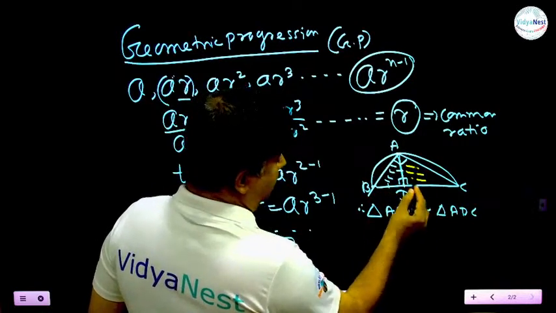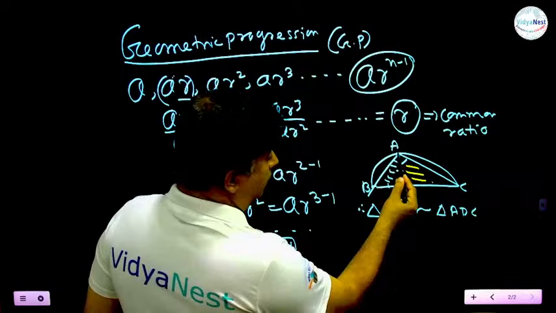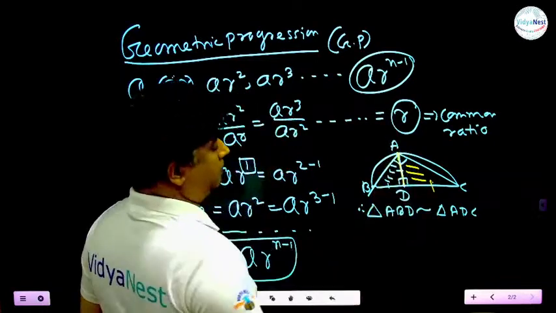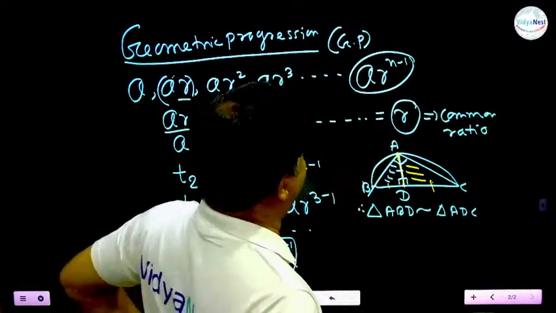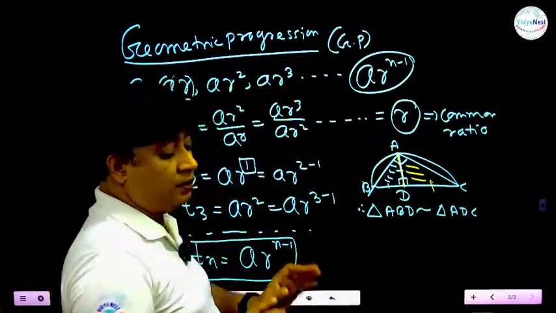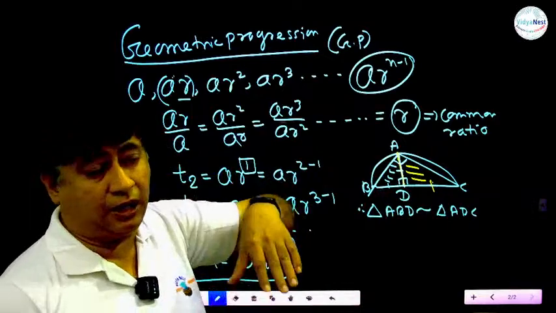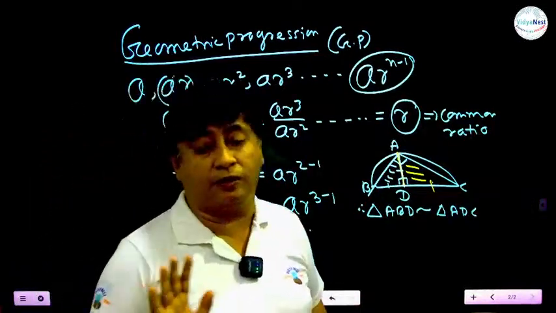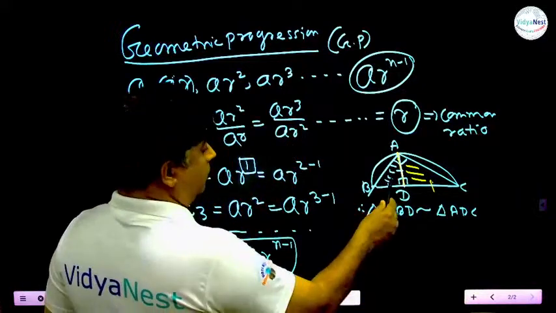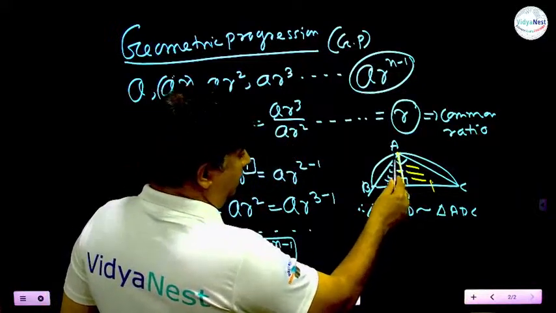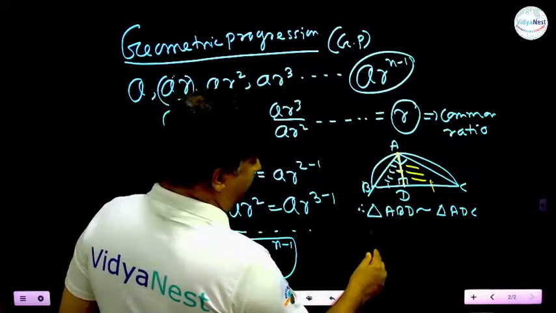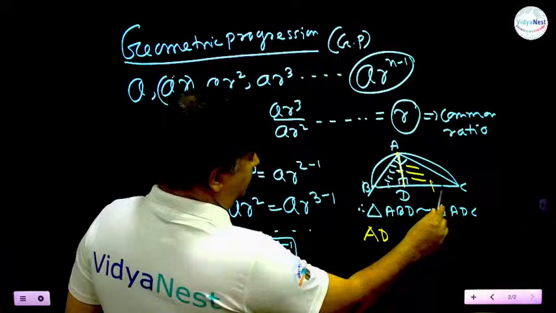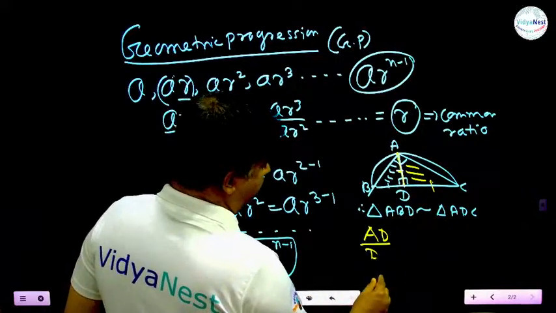That means for this triangle drawn on this base, this will be considered as perpendicular, this will be considered as base. Once you get two triangles are similar, then their corresponding sides will be in equal ratio. So here for ABD, the perpendicular is AD, and for ADC, the perpendicular is DC.